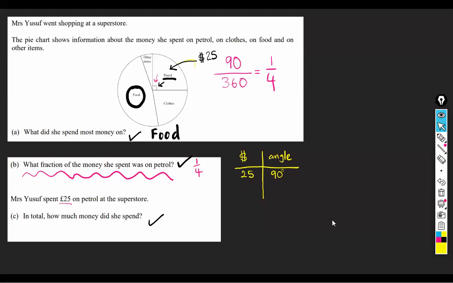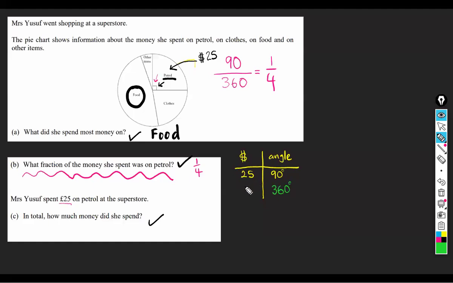Because according to the information the examiner gave us, $25, which is the petrol, is being represented by 90 degrees. The question is asking, how much money did she spend in all? So when I hear the word all, that means the whole pie chart. Isn't the whole pie chart 360 degrees?